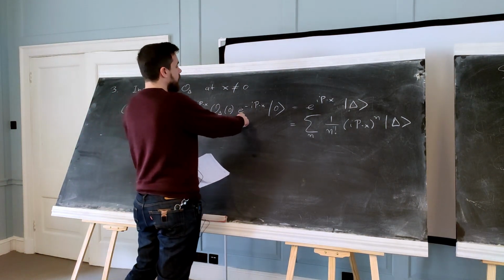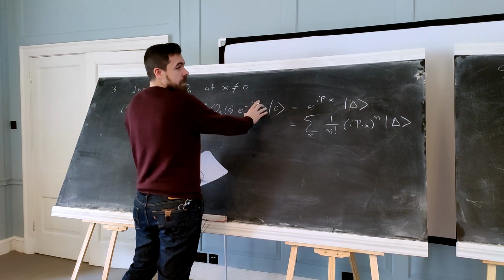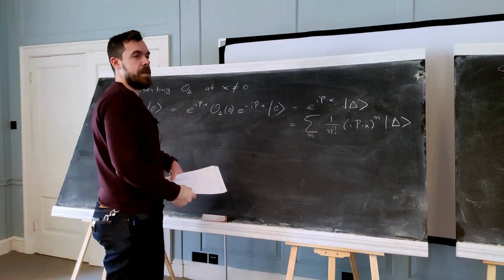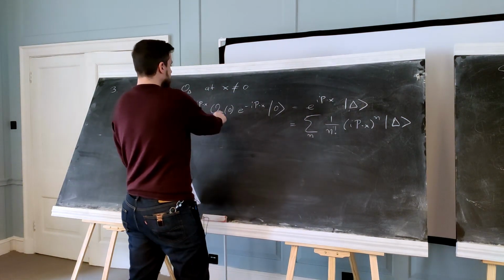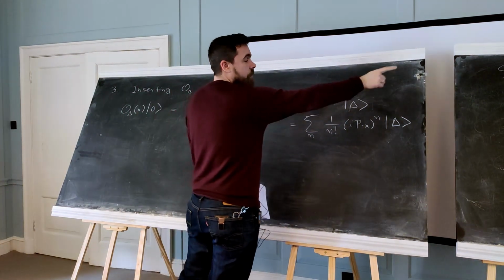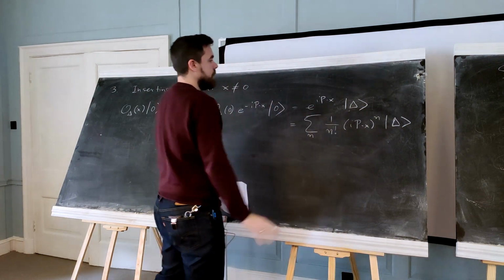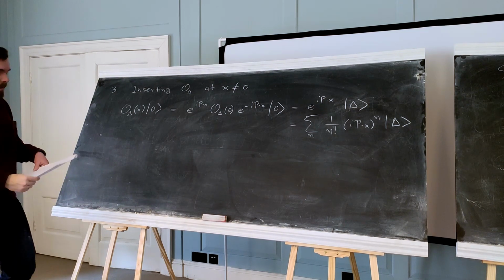You get the 1, but it's a Lorentz invariant theory, so you get the 1 from here when you expand this. Then P on the vacuum will give you 0 for the rest, so you just keep the 1. And then you get this. And then O delta at 0 is what I called delta before. And now I just write back the exponential in its form as an expansion.